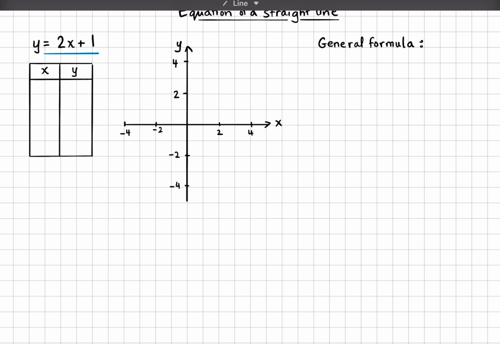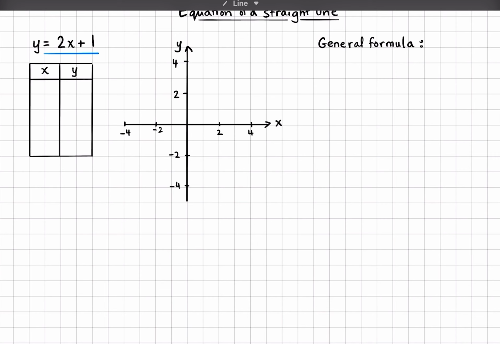To do that, I drew a table here, and I'm going to find values for x and y together, which means I'm just going to put values for x into my equation and find the corresponding value for y. I'm going to do that for 2 points. That's all we need, just 2 points.